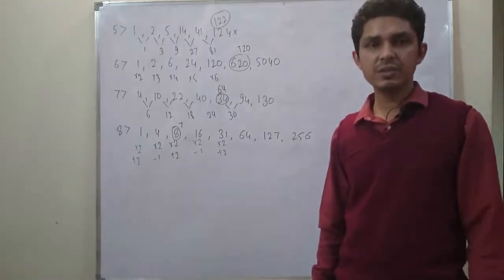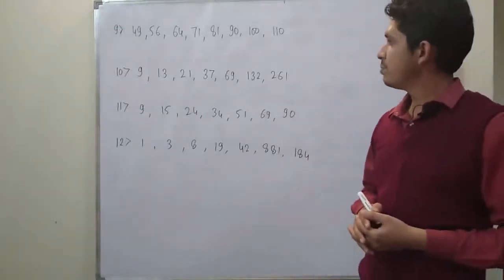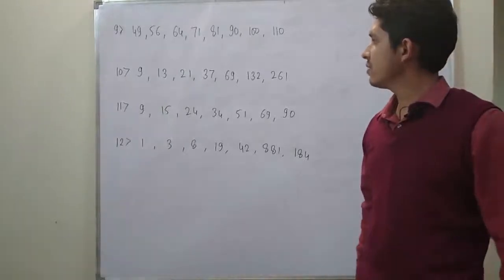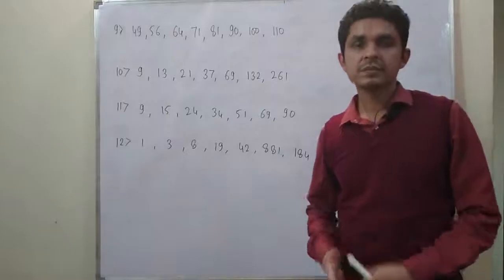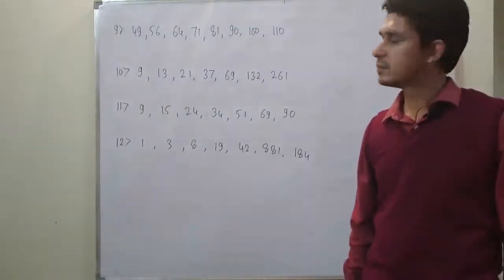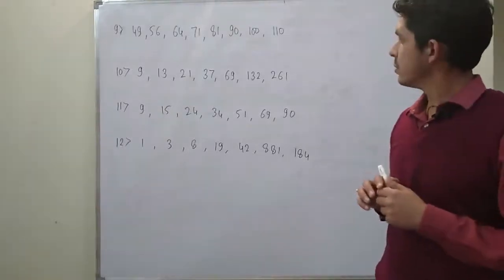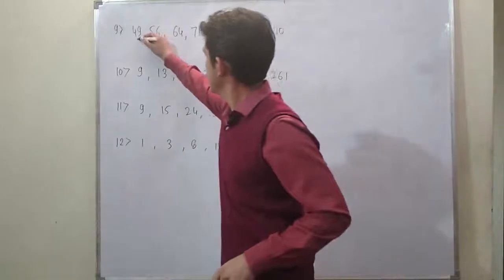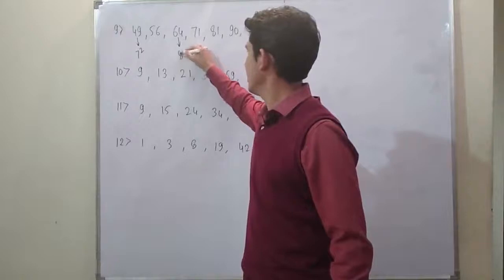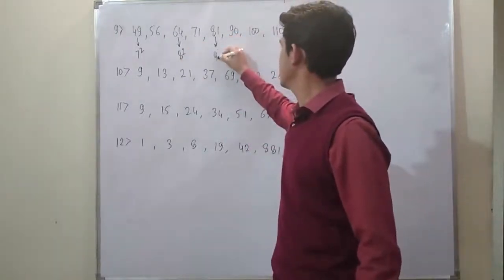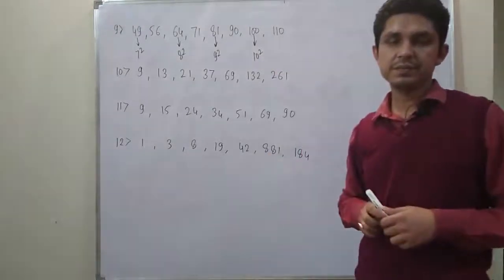Okay, coming to the next questions. If we look at the pattern of question number 9, the series is 49, 56, 64. First you try to find out the pattern. If we look at the numbers in the series, this number is 7 square, this number is 8 square, this number is 9 square, and this number is 10 square in the series, right?